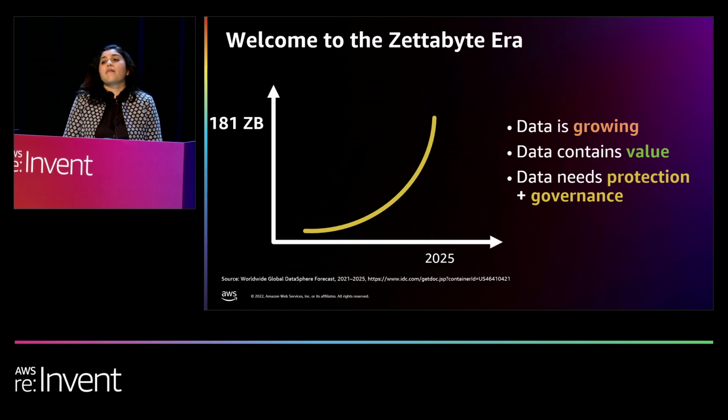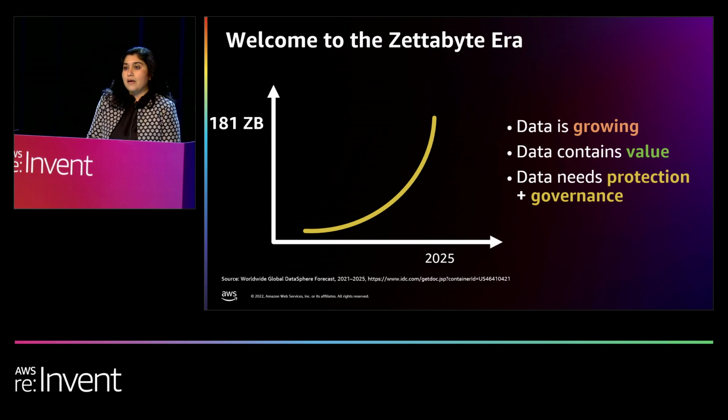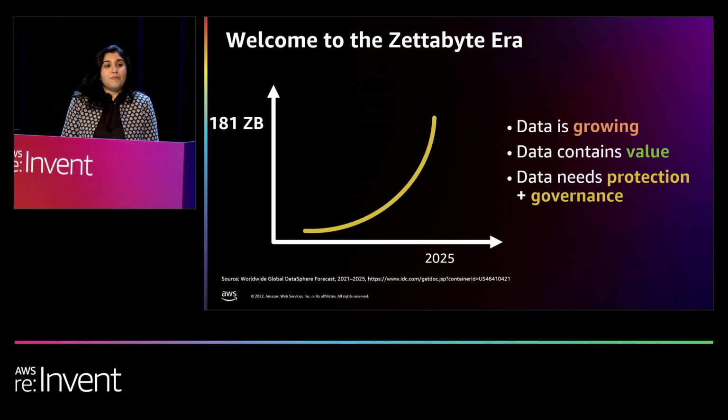IDC expects that the data will keep on growing at a rate of 5.3 times, and by 2025, we expect that data to become 181 zettabytes. Just to give you a little bit of a perspective, 1 zettabyte equals 1 trillion gigabytes. That's a lot of data.